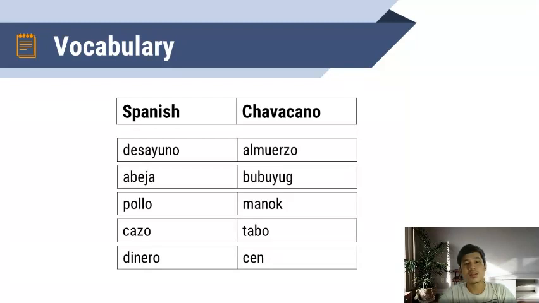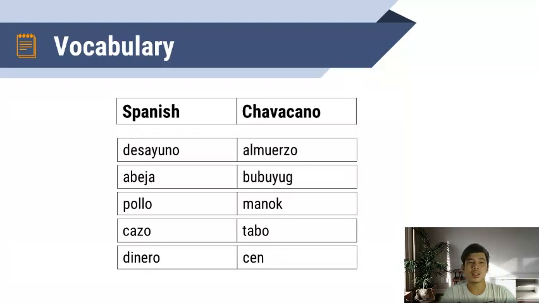Next is water dipper. In Spanish, it is called caso, but in Chavacano, it is called tabo. Tabo is actually a local term that is used by many Philippine languages. And last but definitely not the least, for money, in Spanish it is called dinero, while in Chavacano we call it sen.